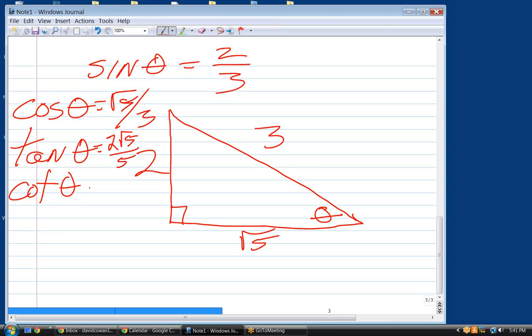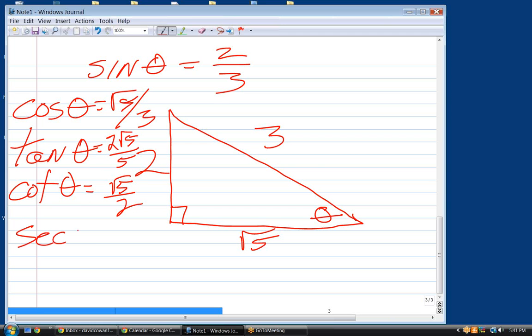What's cotangent of theta? It's square root of 5 over 2. Good. In other words, without having to flip that and re-rationalize, go back to your triangle, and it's got to be this side over that side. It's fully rationalized.